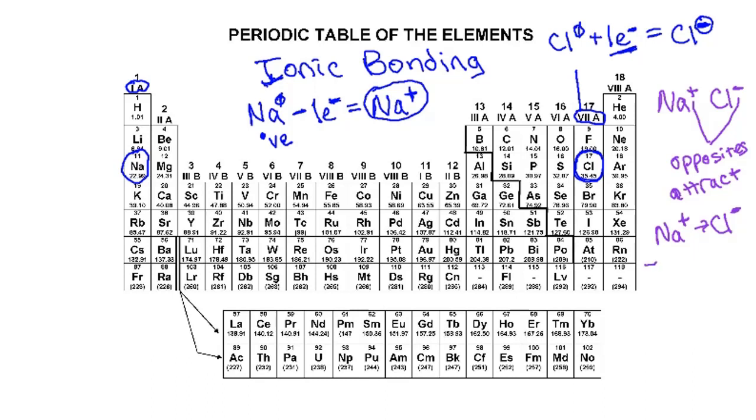So this negative and this positive are going to make them stick together. And so they're going to equal out a 0 charge when they're together as NaCl. See, NaCl has 0 charge because that cancels out the positive and negative charges that Na and Cl have. So NaCl is going to be an ionic bond.